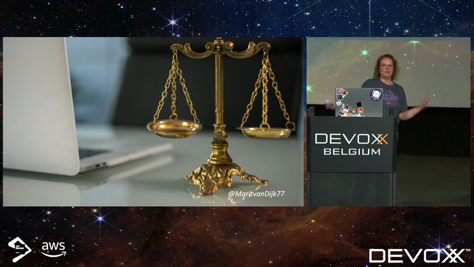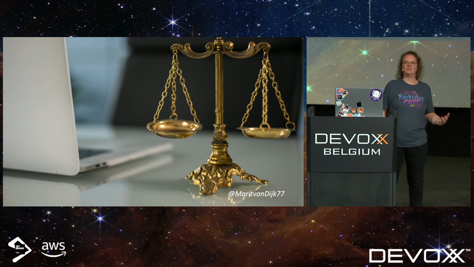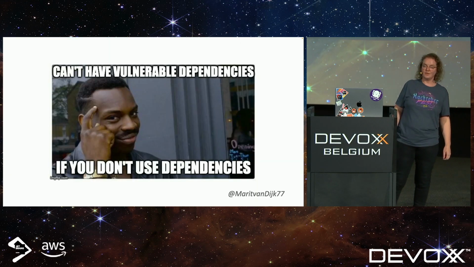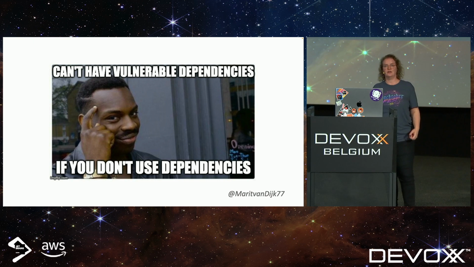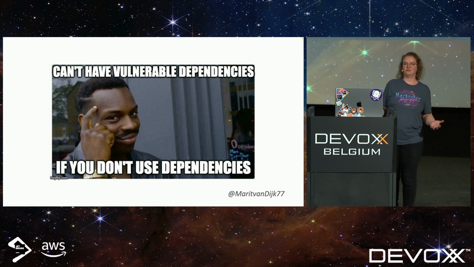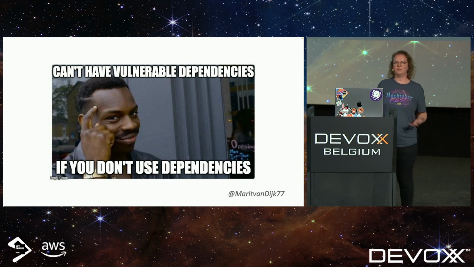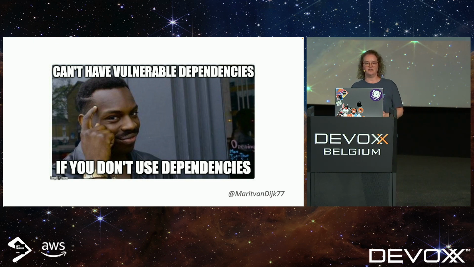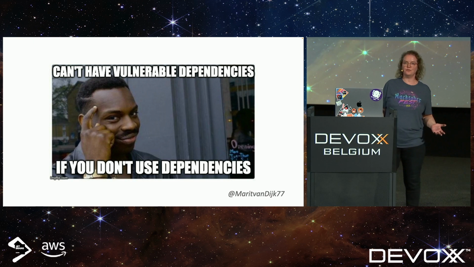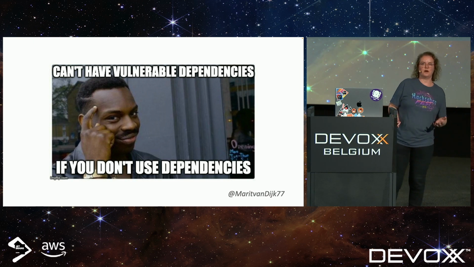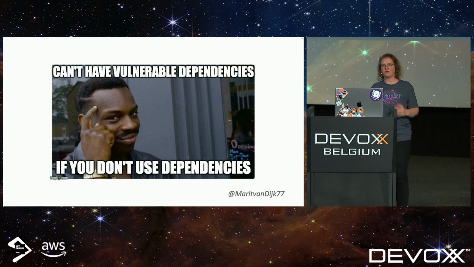But overall, there are pros and cons to using dependencies and different ways of dealing with that. One way, of course, is if we just don't add dependencies, then we have less to stay on top of and update. But the downside is you'd have to write everything yourself. I have seen projects where they prefer to write their own mocks instead of using mocking libraries, or just write as much as they can themselves.